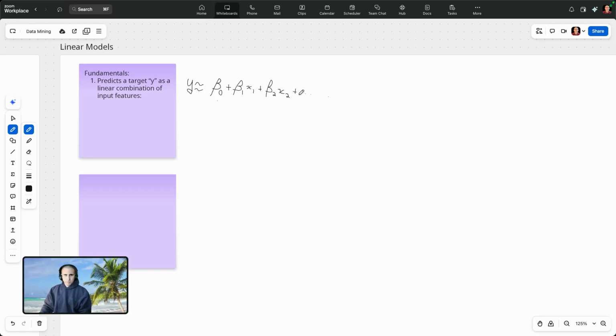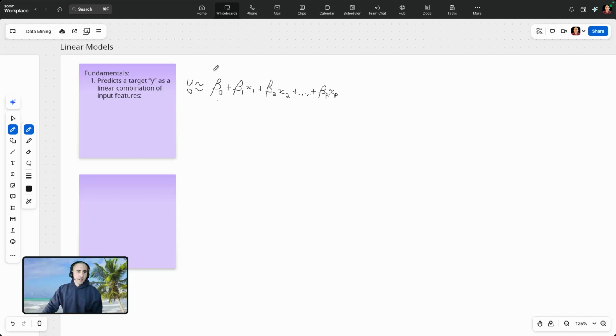Let's make sure that that's clear. It keeps going, right? Plus big beta p xp, right? So some combination of input features, and it's a linear combination.